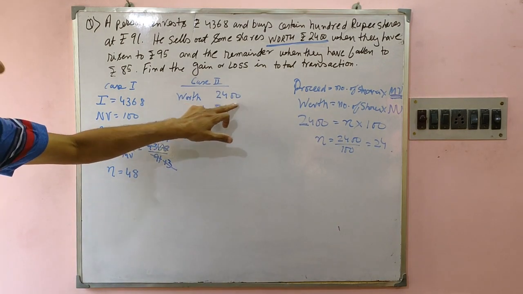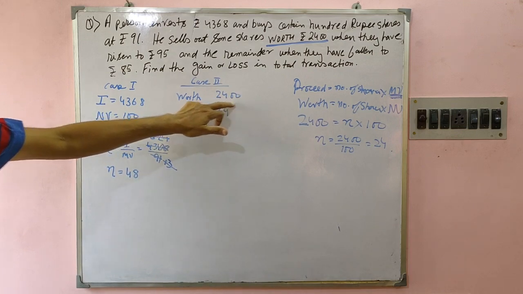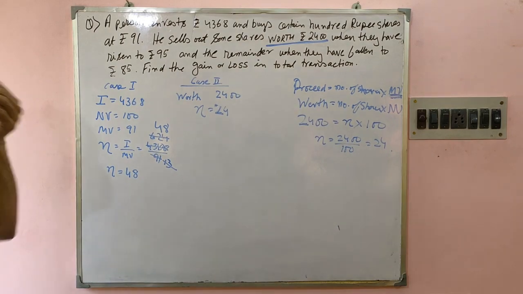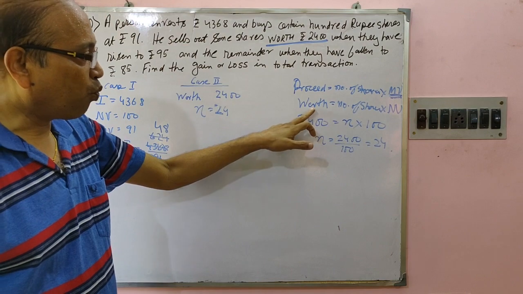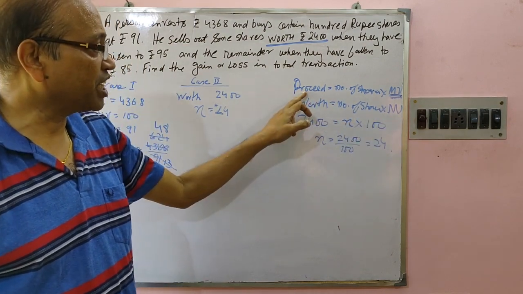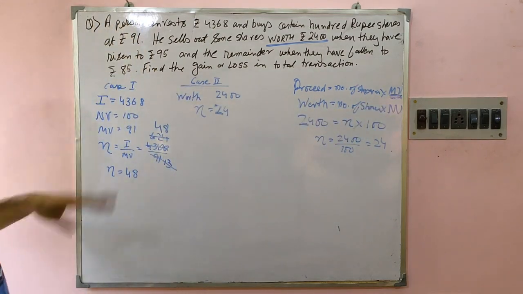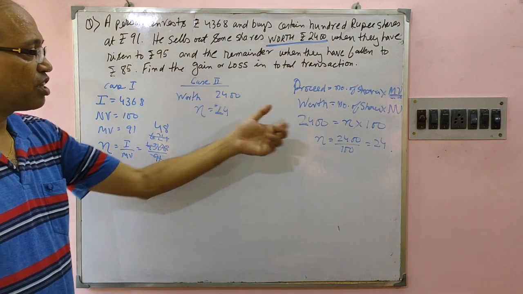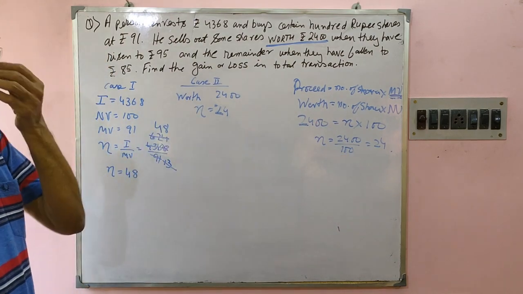Once again I repeat, worth is related with nominal value, proceeds is related with market value. So with nominal value 100, he has sold 24 shares to get this.